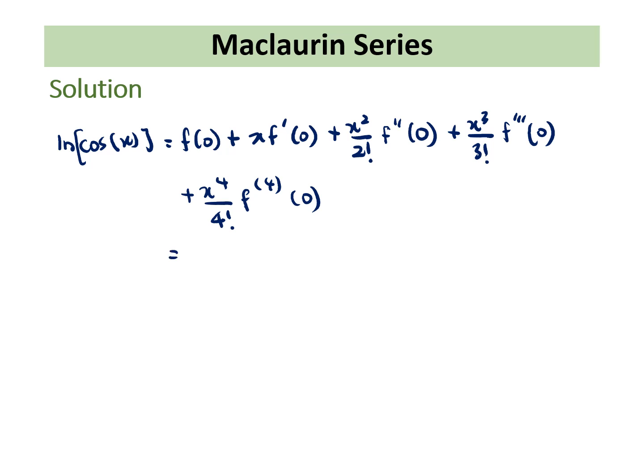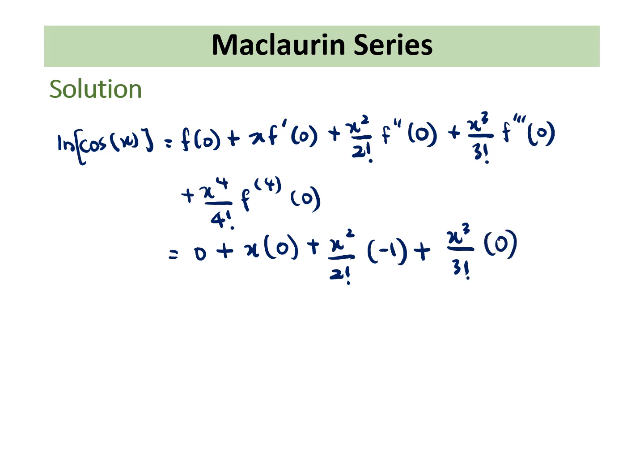Substitute all the values, where f(0) equals 0, the first derivative equals 0, the second derivative equals negative 1, plus the third derivative equals 0, and the last one plus x to the power of 4 times negative 2.